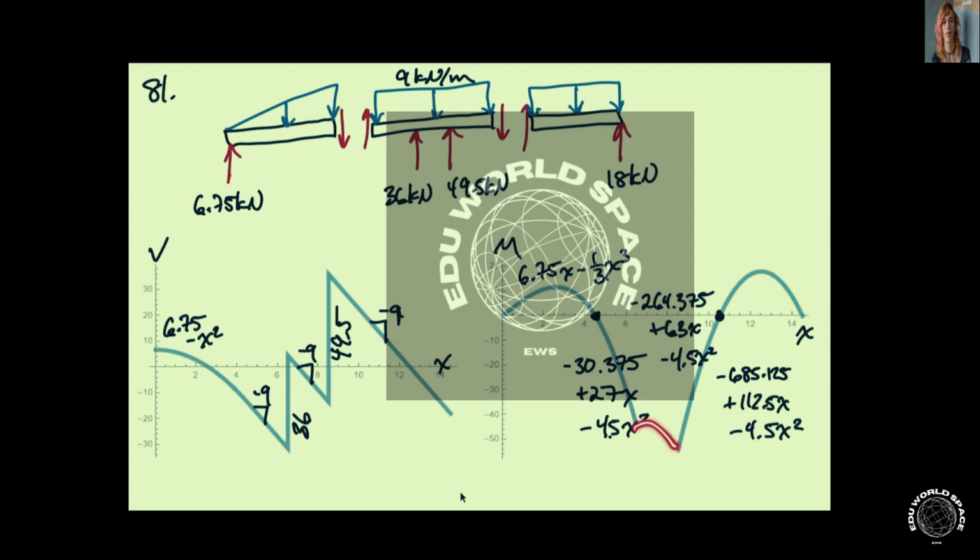And then for this whole end region, we have this function that describes it. Again, notice we have a coefficient of 4.5 in front of our x squared term, because we had a coefficient of 9 in front of our x term here. If we take a derivative of this, we should get this.